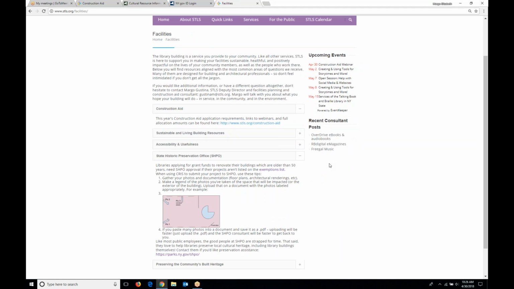When the consultants at SHPO get a PDF with photos that are labeled with descriptions of how they'll be impacted by the project, they're able to understand your project more quickly and can give you a determination more quickly without as much back and forth.